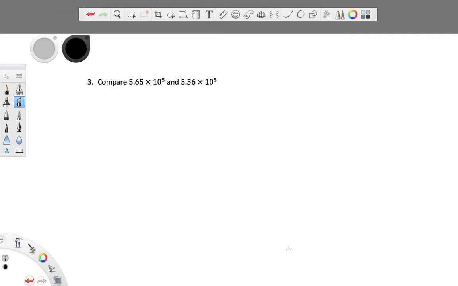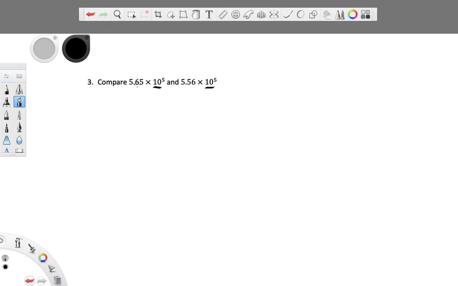Our third example here highlights what decision you have to make if the powers of 10 are the same. So here we have 5.65 times 10 to the power of 5 and 5.56 times 10 to the power of 5. As I said, we can see here that the powers of 10 are the same. So then we just need to look at, well, which number is bigger?